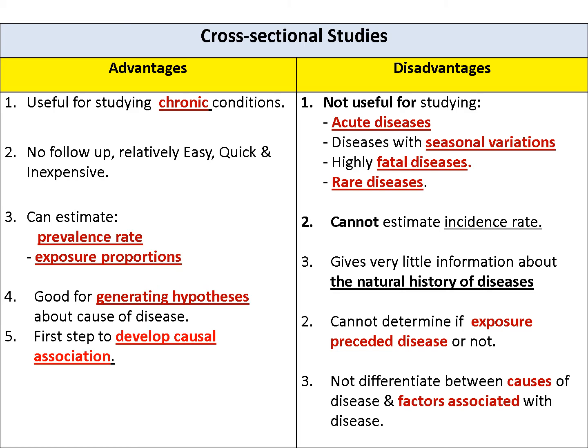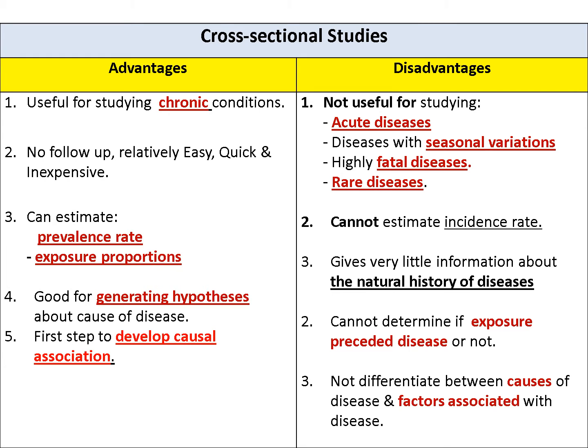What about advantages and disadvantages of cross-sectional study? Its main advantage is that it is useful for studying chronic disease or chronic conditions, as we see the patient only one time. So we can't detect acute conditions, we can detect only chronic conditions. On the other hand, it's not useful for studying acute diseases or diseases with seasonal variation, because they come and go without detection.